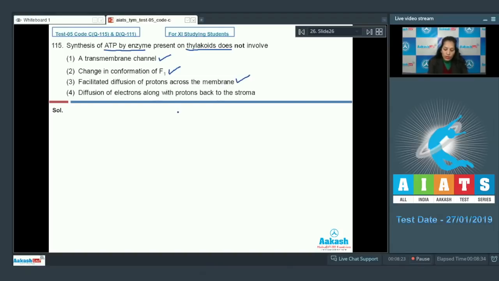Diffusion of electrons along with protons back to the stroma. No, only diffusion of protons back to the stroma takes place when there is synthesis of ATP. So this is an incorrect statement. So the correct option for the given question is option number 4. Let's move on to the next question.